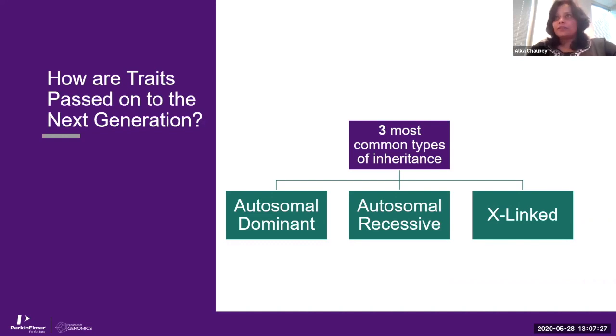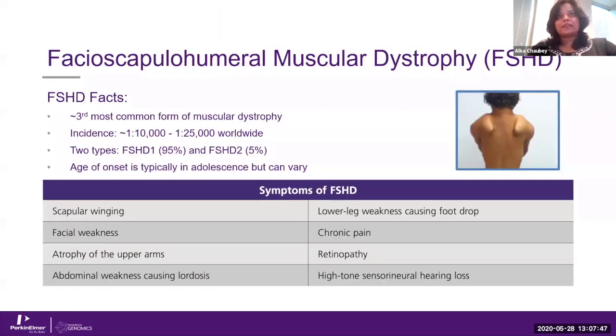There are some other forms also, which we will not go into in detail, because for the purpose of today's talk we are mostly focused on autosomal dominant inheritance for FSHD, which I will explain shortly. So that is what we want to understand: what does autosomal dominant mode of inheritance mean?